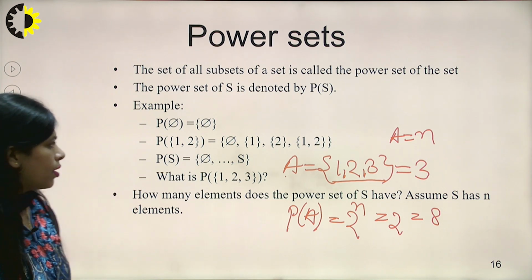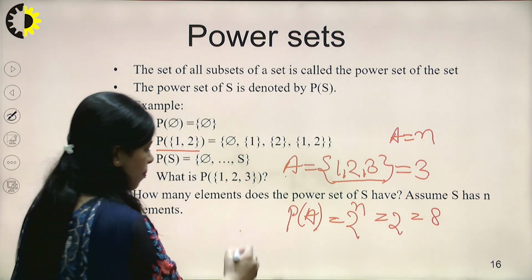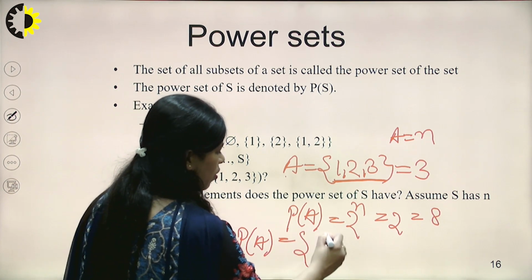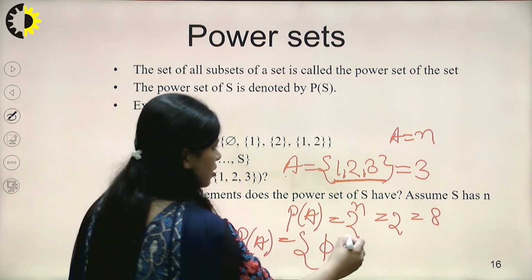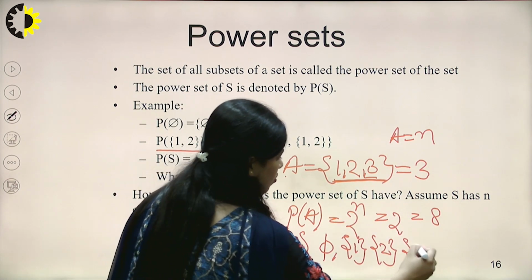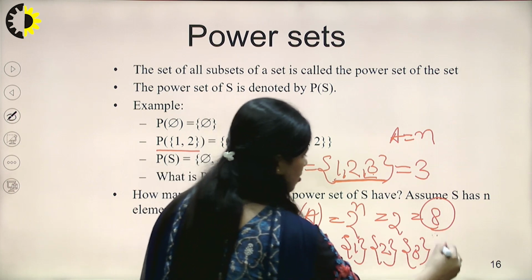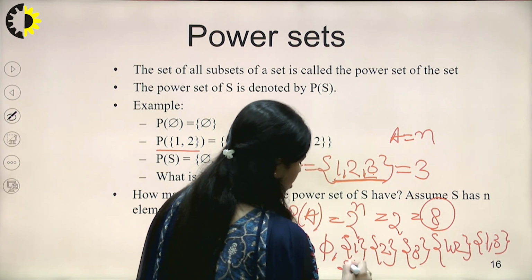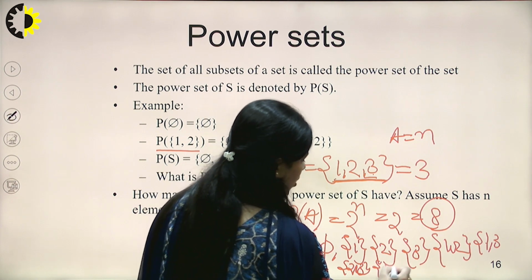The first element is always phi. Then the subsets {1}, {2}, {3}, then we make the possible combinations: {1, 2}, {1, 3}, {2, 3}, and {1, 2, 3}.